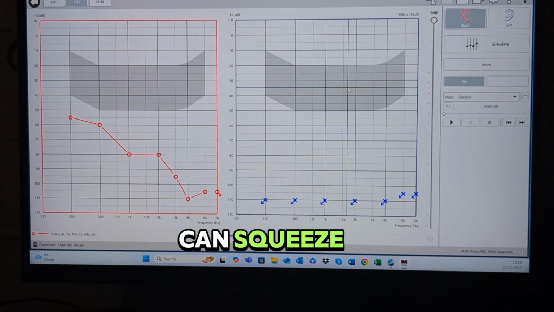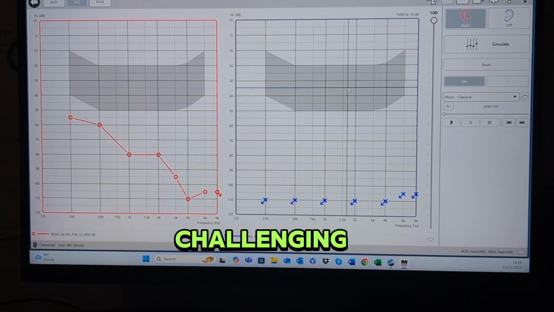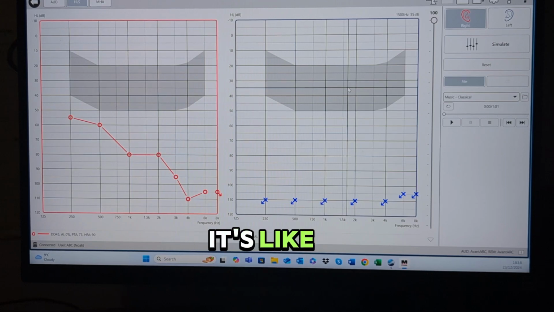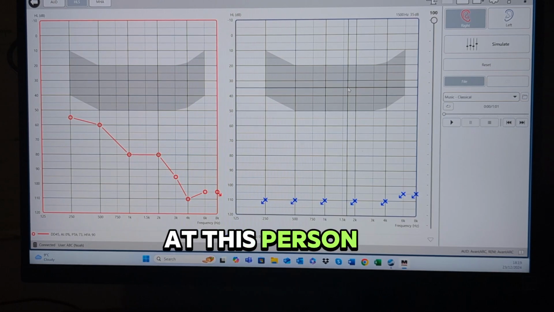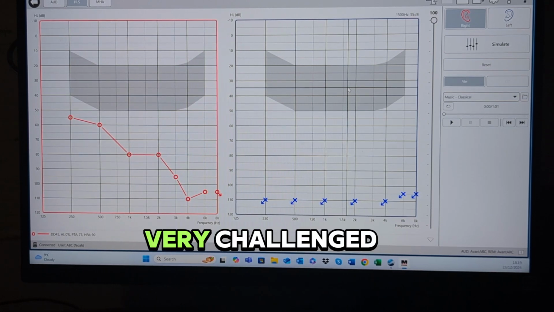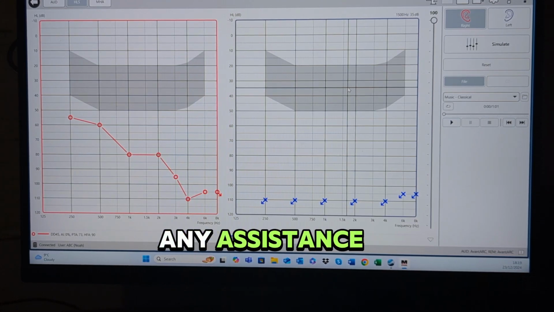And if you can squeeze out one or two words, that would be great. But if you find it quite challenging, just a word of warning, that only gives you a taste of what it's like to have this type of hearing impairment. Unless the conditions are completely optimal and the person is speaking directly at this person towards their right ear, raising their voice, they're going to be very challenged to understand or hear common speech without any assistance.